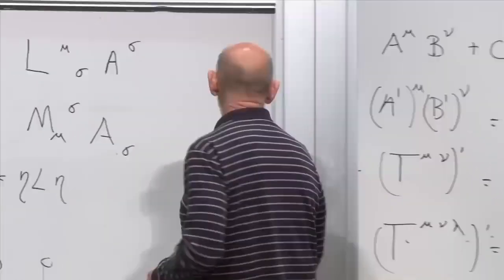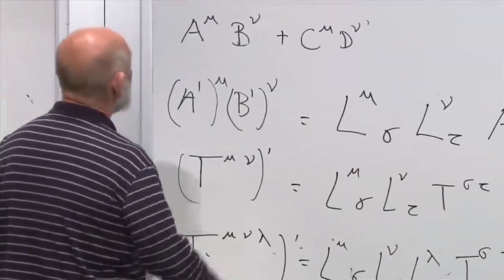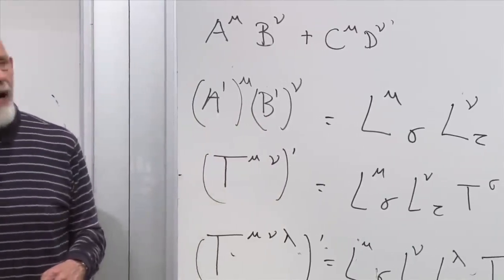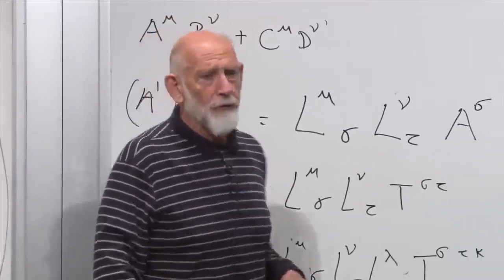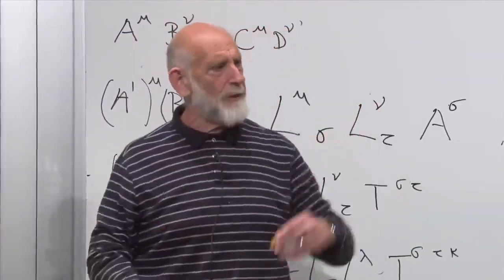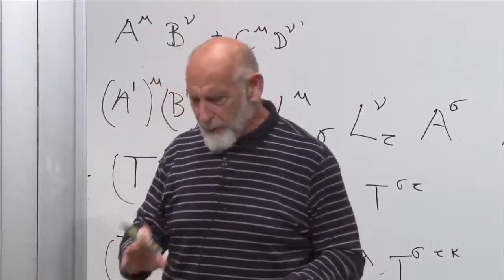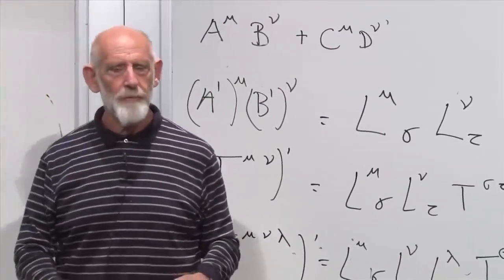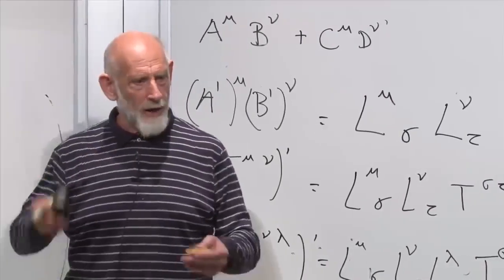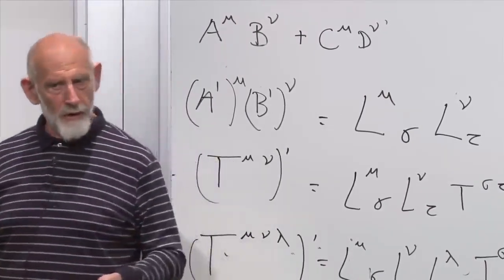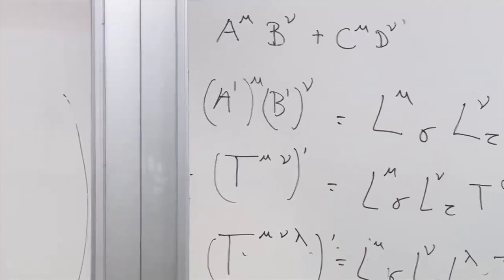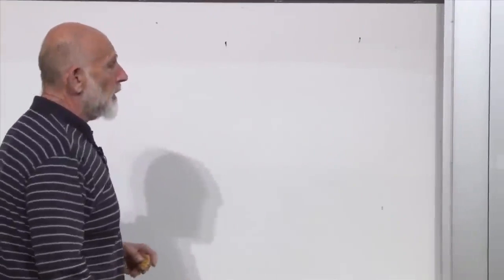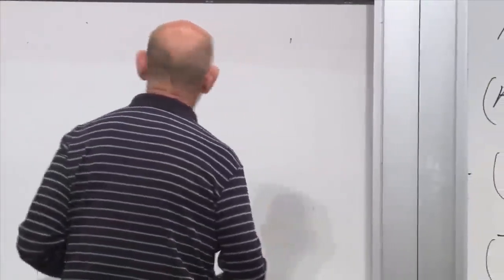All right, now I've told you how to transform a tensor with all of its indices upstairs. I could start writing down the rules for tensors with some indices upstairs, some downstairs, but I think I won't. Instead I will just tell you that once you know how a tensor transforms, you can immediately deduce how its other variants transform. The other versions of the same tensor, same geometric quantity, but with some indices upstairs and downstairs.